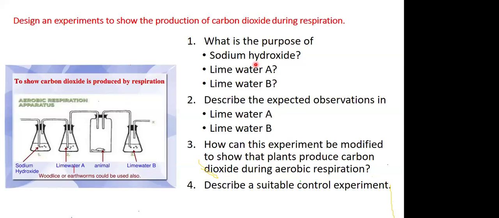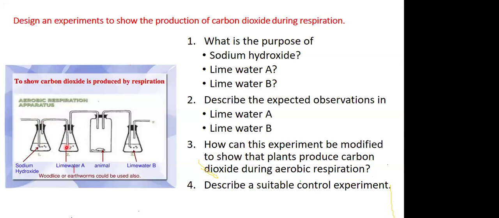If you have followed CJ's explanation, lime water A shouldn't turn if you have enough sodium hydroxide to absorb all the carbon dioxide. But if lime water A turns, it means that some carbon dioxide has managed to come in here.